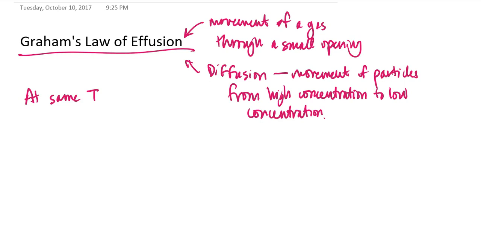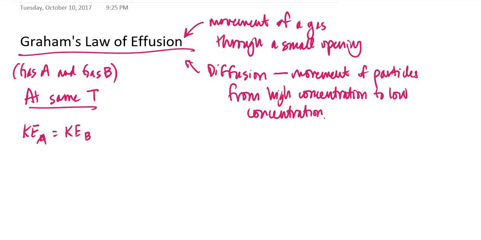So suppose I have a gas mixture, let's call it gas A and gas B. Well, the kinetic energy for gas A, if I'm at the same temperature for both components, should equal the kinetic energy of gas B.